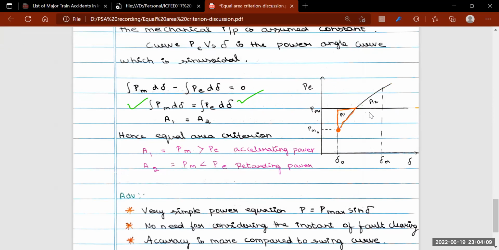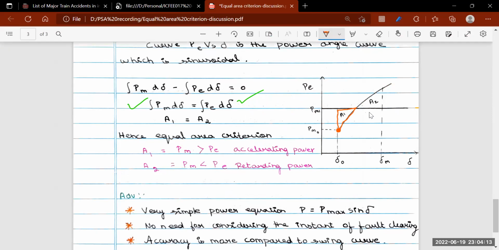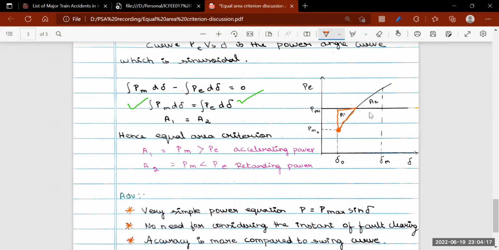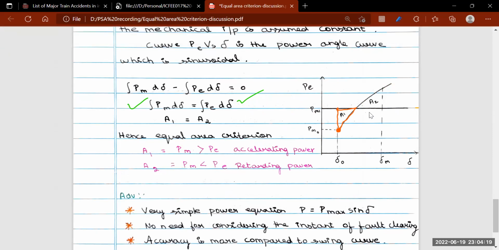At this point, this is the electrical power and this is the mechanical input. So the mechanical input is greater than the electrical output. So what will happen? My power is going to be an accelerating power because PM minus PE is positive. So therefore, it is going to be an accelerating power.